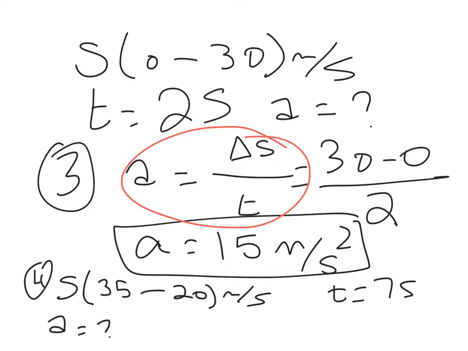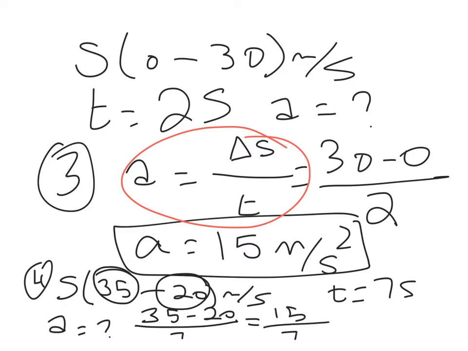Again, my change in speed is my final speed minus my initial speed, which is 35 minus 20 divided by the time. What is the time? 7. So 35 minus 20 is 15 over 7. 15 divided by 7 is 2.14.